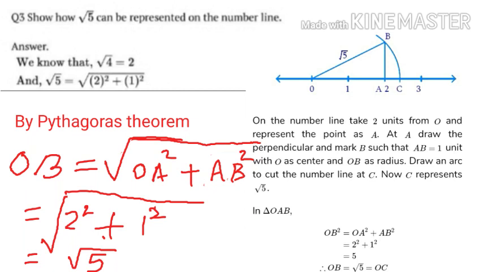Draw an arc to cut the number line, and wherever it cuts, you give the name C. Now C will represent, yes, root 5, because root of OA square plus AB square is equal to 5 and OB is root 5. So you got OC, that is root 5.